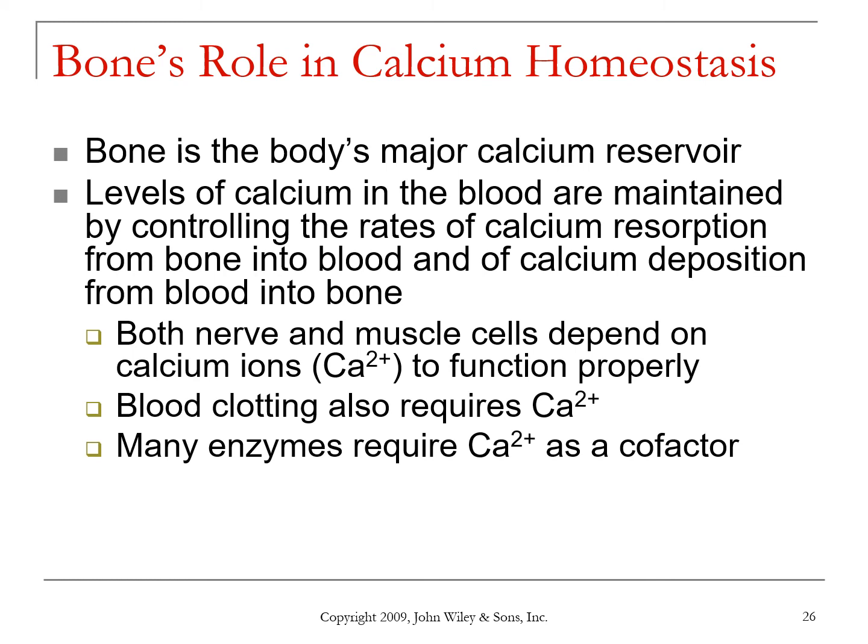Now, blood calcium levels have to be maintained in a homeostatic range because both nerve and muscle function depend on calcium ions. And we're talking about the nerves that allow you to control your activities consciously, as well as your subconscious autonomic functions, your involuntary visceral functions.